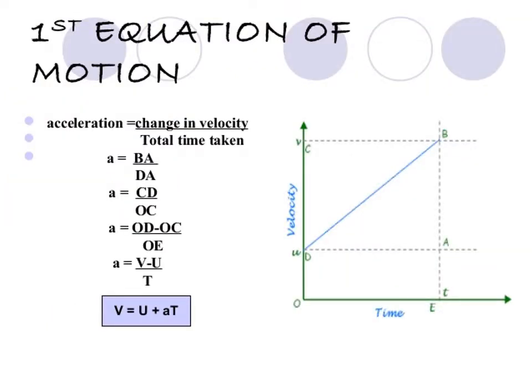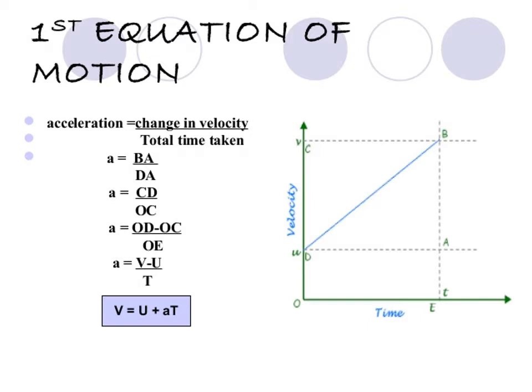First equation, that is v = u + at. Draw the diagram. See the diagram. D is the starting point, so the initial velocity is u, and C is the ending point, so the final velocity is v.